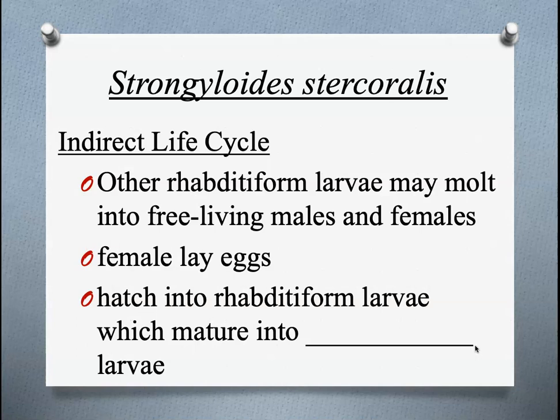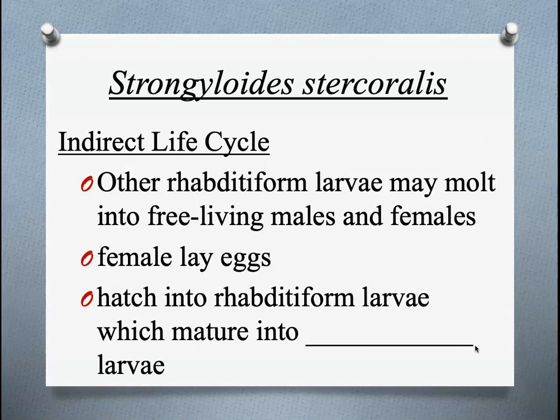In the indirect life cycle, rhabditiform larvae may molt, transform, and mature into free-living males and females. So in the soil, in the ground, the rhabditiform larva could skip the filariform larva stage and go directly to adults outside the body.